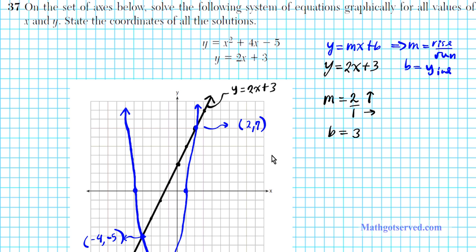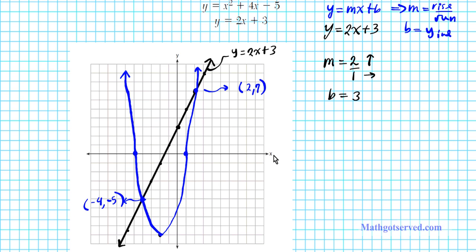All right, so it says we should state the coordinates of our solution. So let's go ahead and state the coordinates of our solution. Right, on the side, the coordinates of the solutions. To what are we solving?